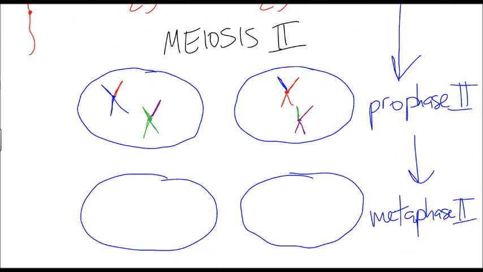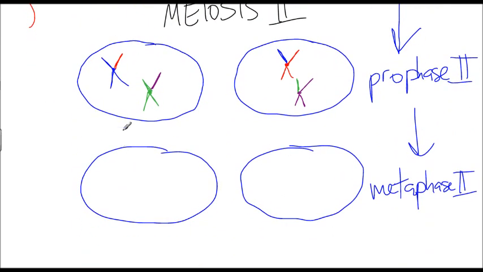And in metaphase 2, very similar to metaphase, in fact, meiosis 2 is very similar to mitosis itself, because what's happening now is the chromosomes, or the haploid number of chromosomes, actually line up along the center of the cell, where the spindle fibers will be ready to start to pull these chromosomes apart.